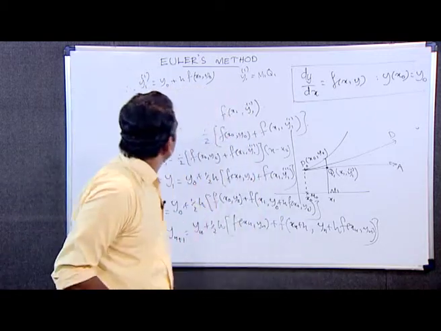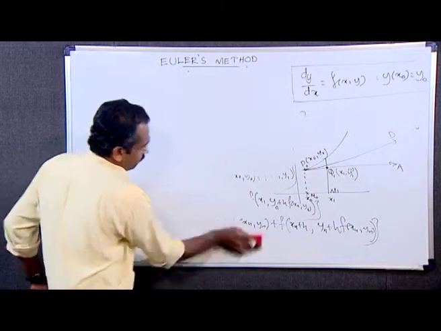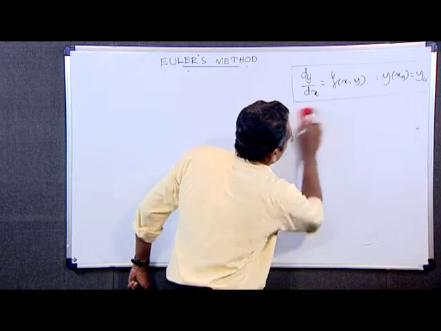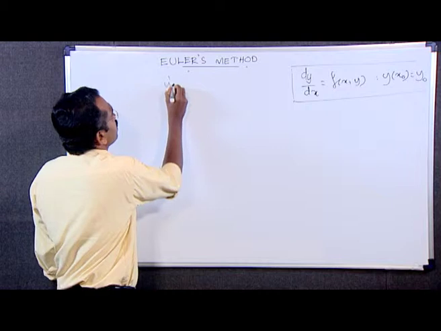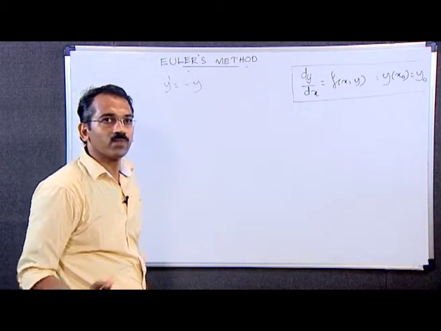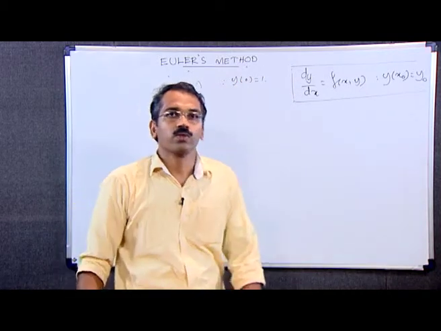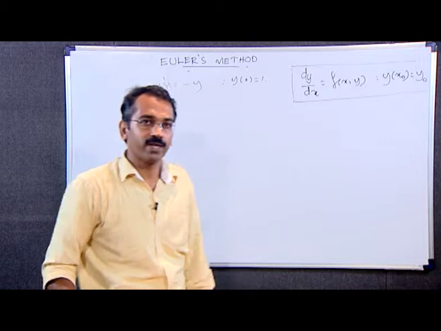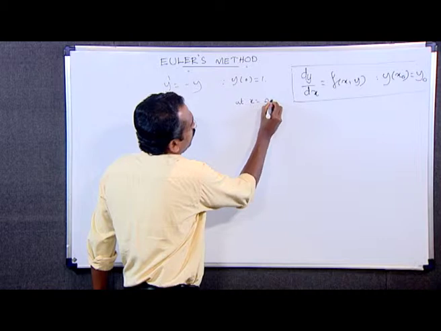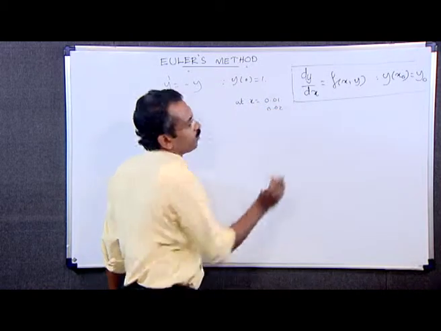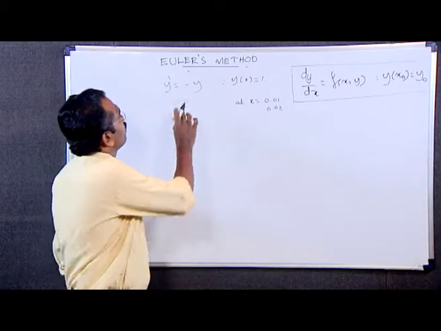Now, consider this example. We are given a differential equation y dash is equal to minus y, such that y of 0 is equal to 1. Determine the values of y at x equal to 0.01 and 0.02 by the Euler's method.